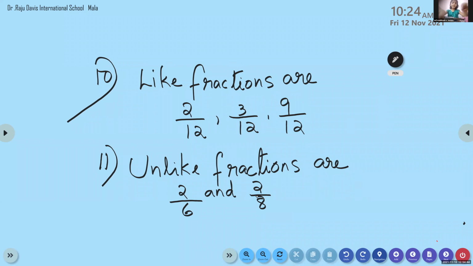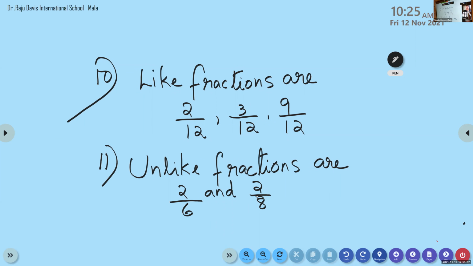Maya, can you read the next question? Question number 12. Find the fraction representing the unshaded part. How many parts are unshaded? 4. 4 by 6.